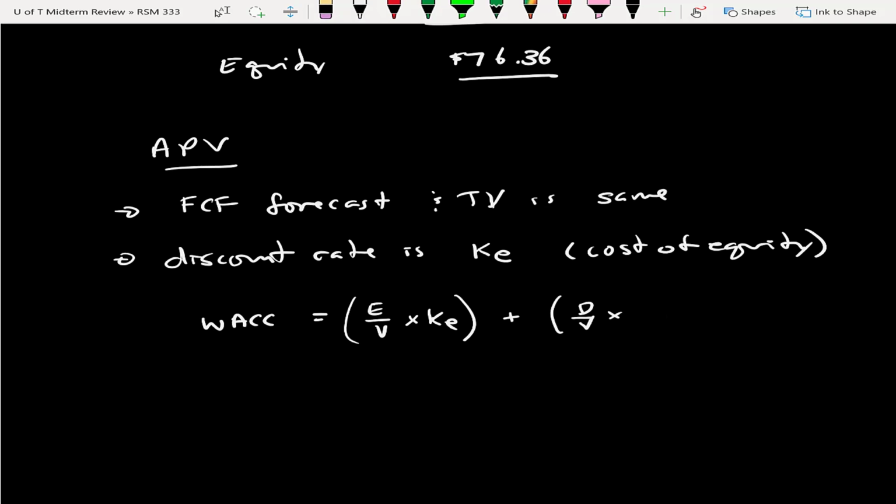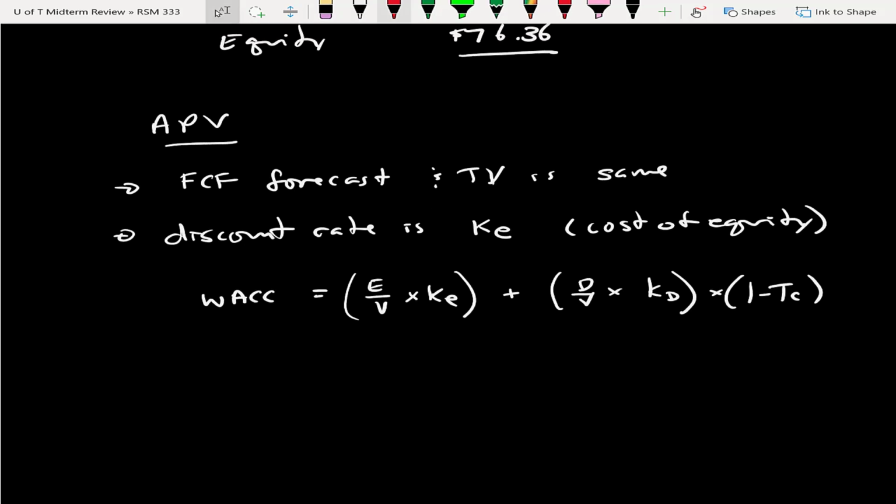I should stick with the same terminology, KD, times 1 minus the tax rate. Okay. So usually you will be given the cost of capital and the portion you have in each, and then you will have to calculate this. And remember, this is levered.